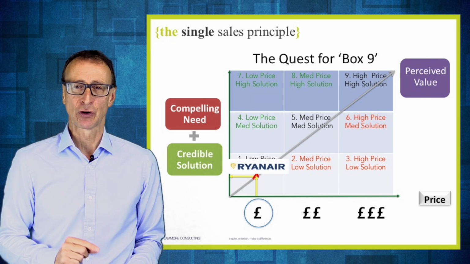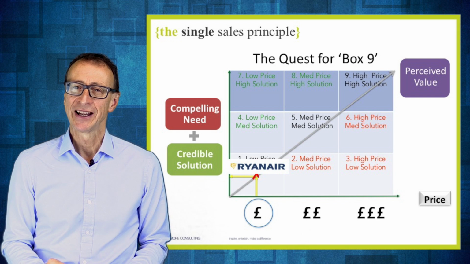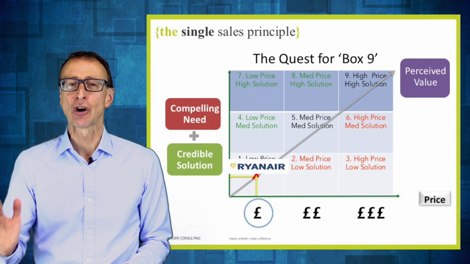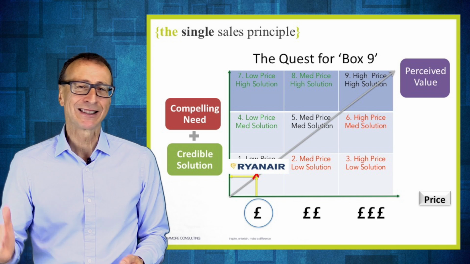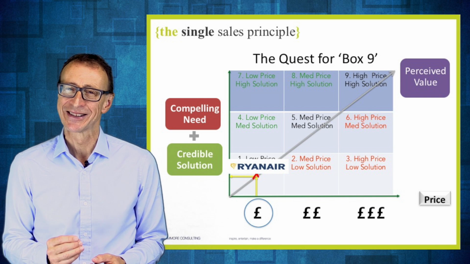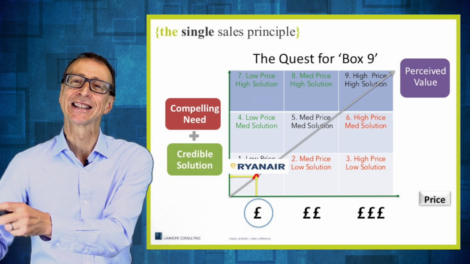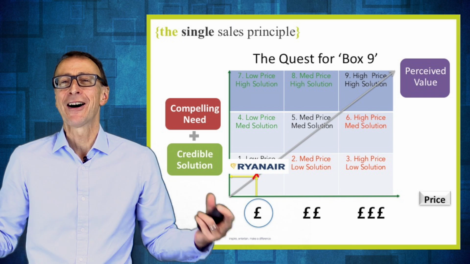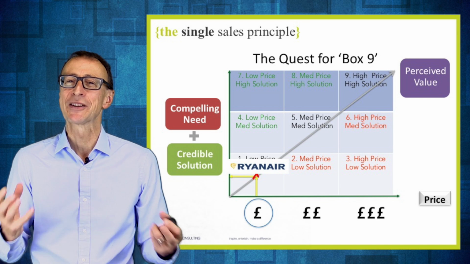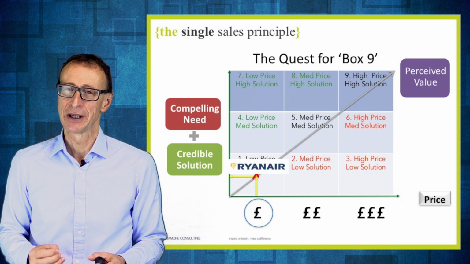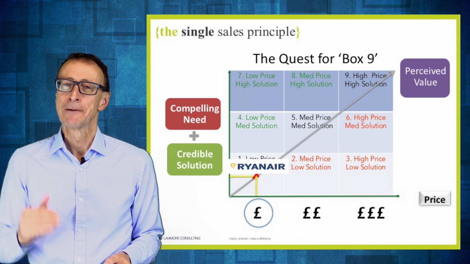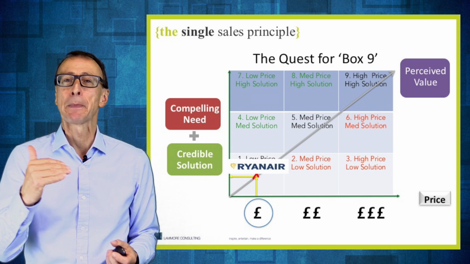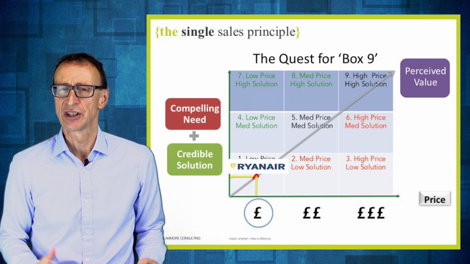Now the challenge, of course, for Ryanair is that as time has gone on, we really didn't get those £9 flights, because by the time I checked out, the basket had seemed to grow arms and legs. It wasn't quite the price that they said it was going to be by the time I'd added on extra bags, or I paid for a seat in advance and all of these sort of things.